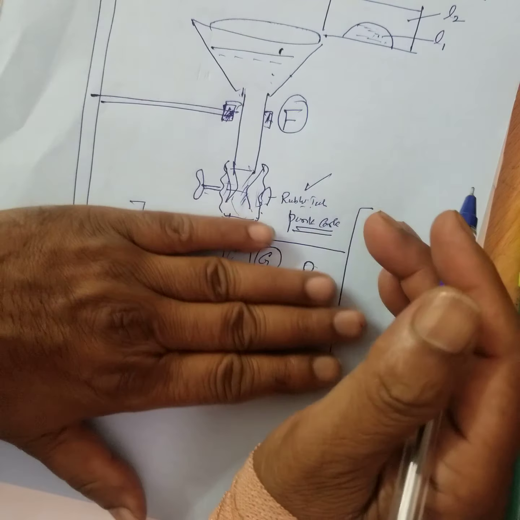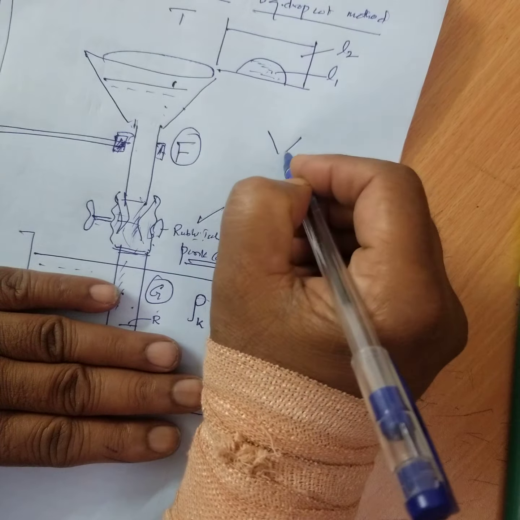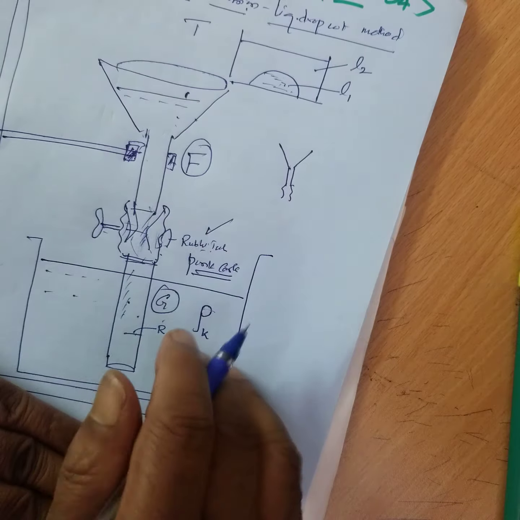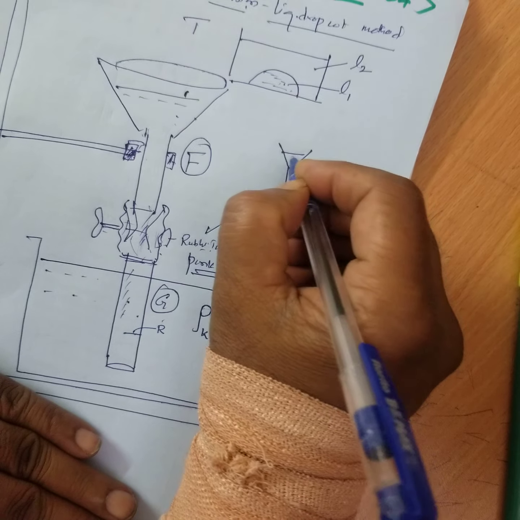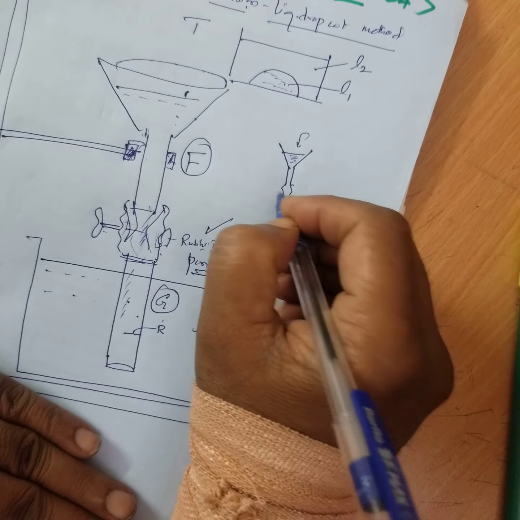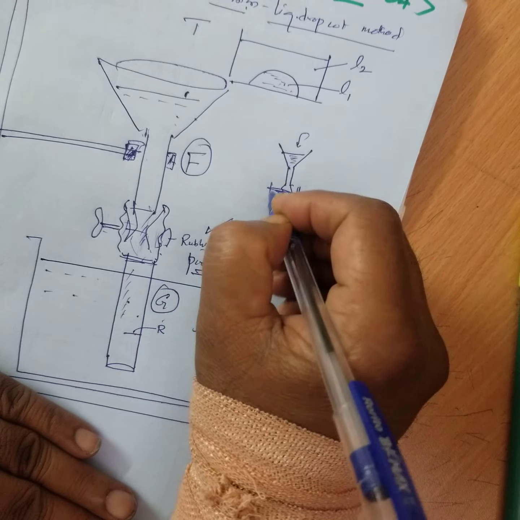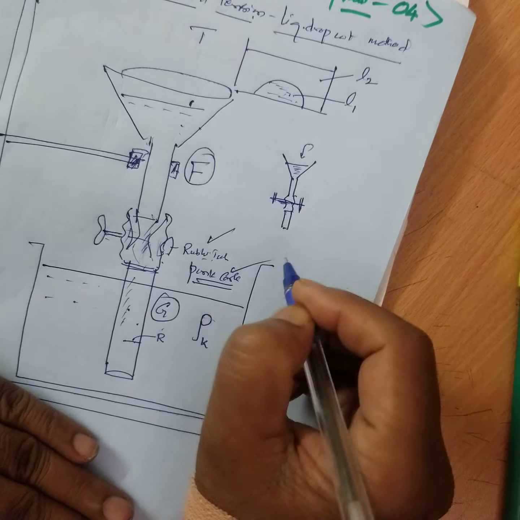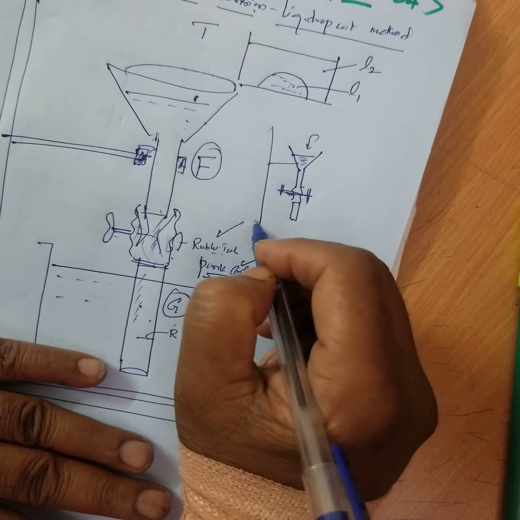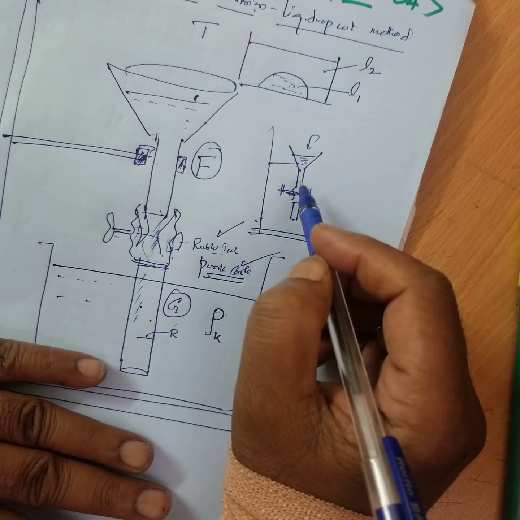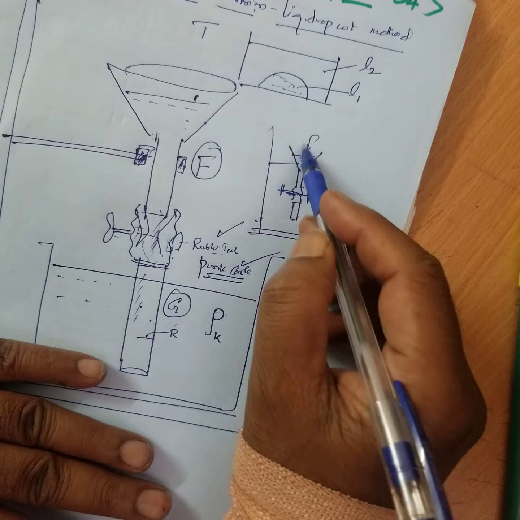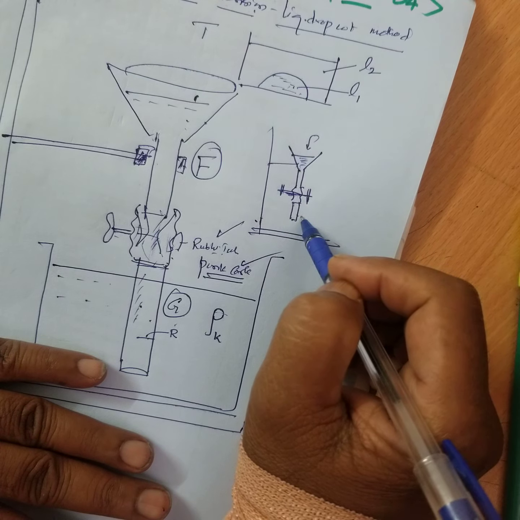Before beginning, without kerosene, pour the water into the funnel, adjusting the pinch cork. It is the initial stage. The funnel and glass tube are fixed in a stand such that the tube is vertical.